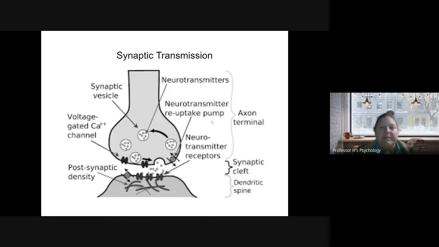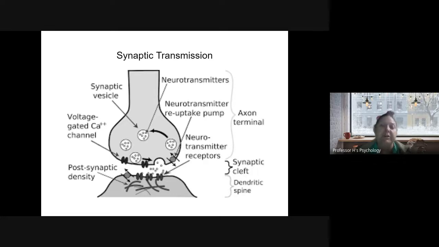So once again, the signal comes down, these vesicles merge with the cell wall and release their contents, the neurotransmitter, which is then picked up by a receptor on the dendrite of the downstream neuron. If this is a dopaminergic cell that releases dopamine, it would release its dopamine into the synapse. This would have to be a dopamine cell also in order to pick up this neurotransmitter onto its receptor.